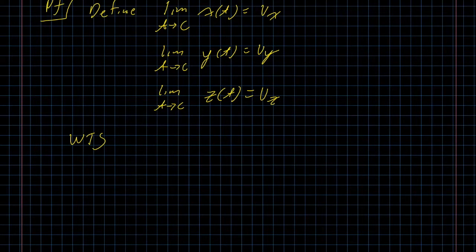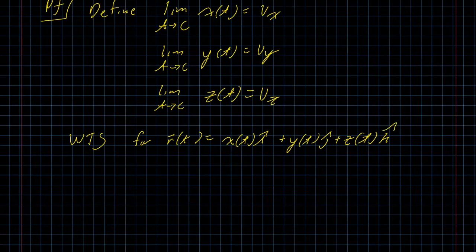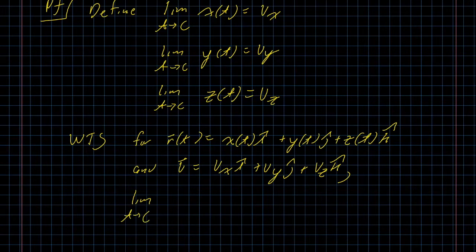We should get that for r of t equals x of t i plus y of t j plus z of t k, and vector v equals Vx i plus Vy j plus Vz k, that the limit as t approaches c of r of t is equal to v.